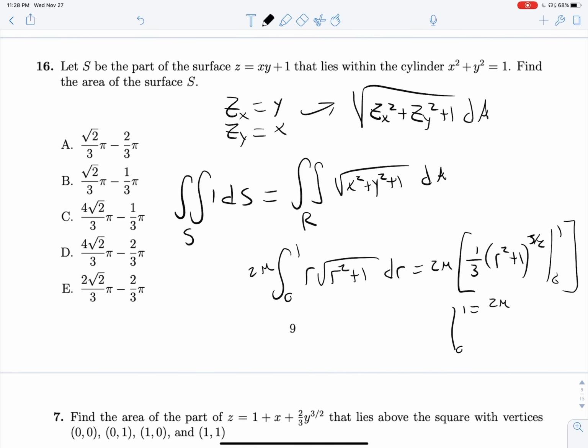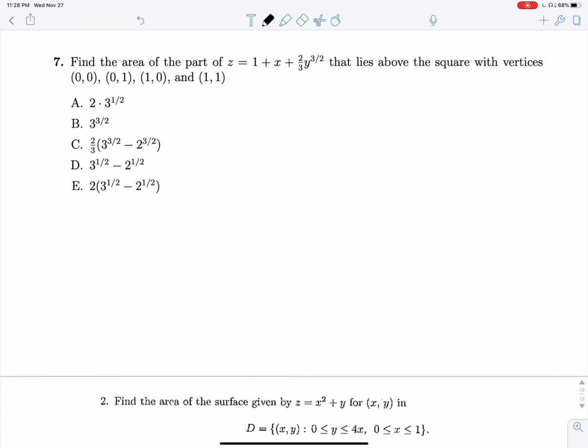And then evaluated at 0, we will get 2 pi over 3. So overall, our answer is 4 pi root 2 over 3 minus 2 pi over 3, which is right there.